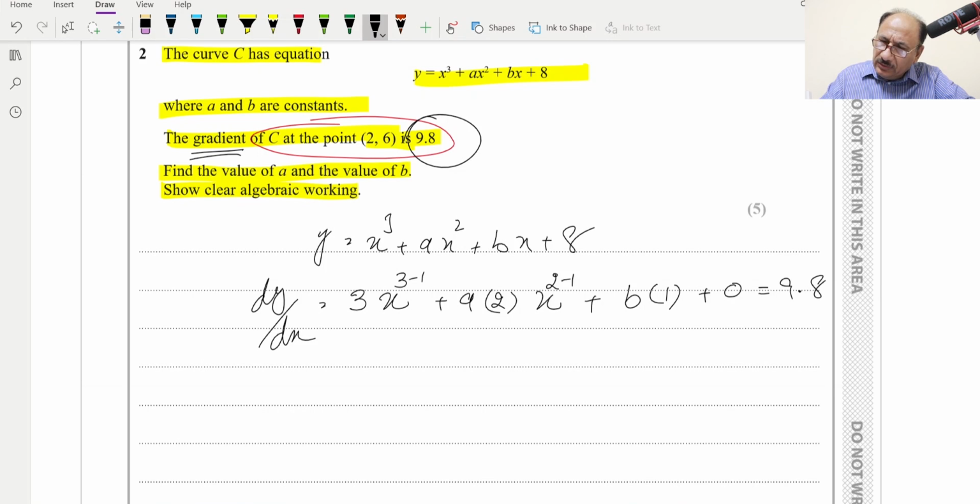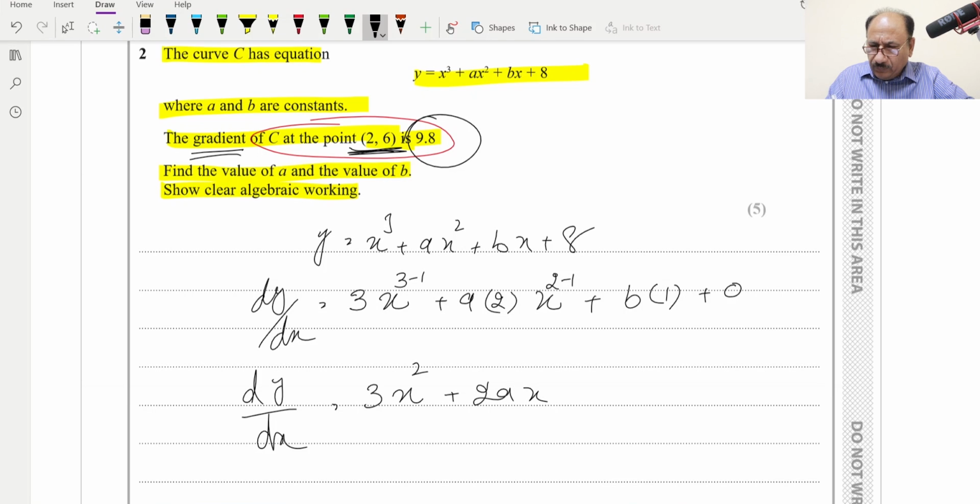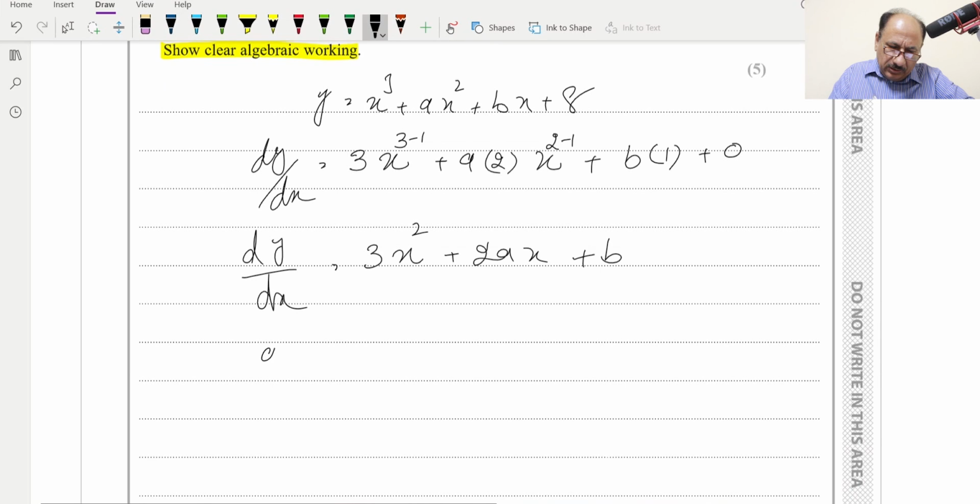Next step we can write the gradient of C at point (2, 6) is 9.8. So next step we will write dy over dx is equal to 3x squared plus 2ax plus b, and this will be dy over dx at the point they have given, which is 2 and 6.